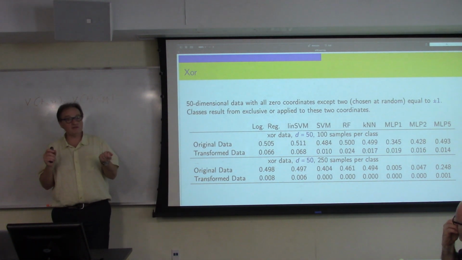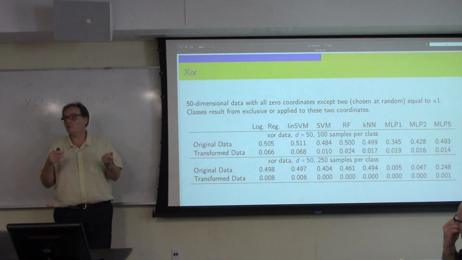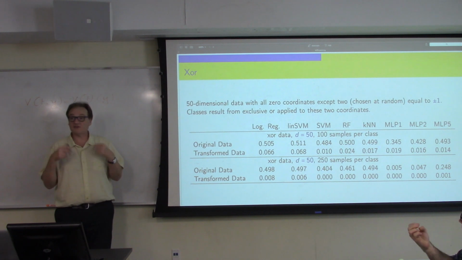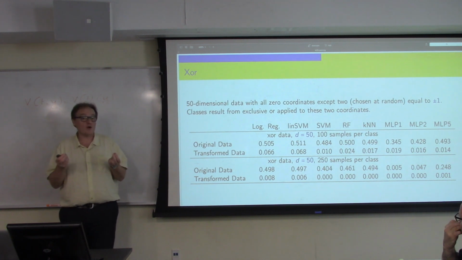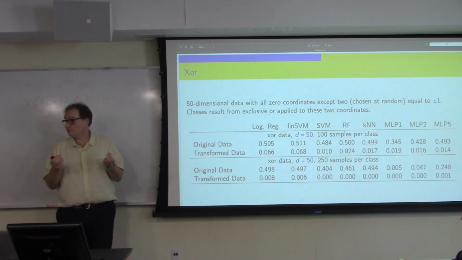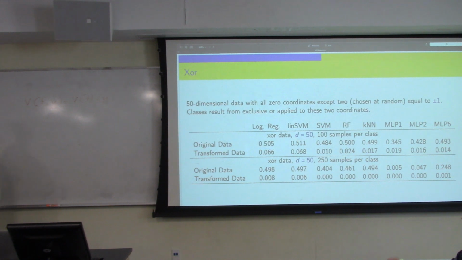And they're both 1 or -1. If they are the same, so either both of them are 1 or both of them -1, it's class 0. If they are different, it's class 1. So it's very simple, and you just compute the sum of your data, and you have the classification. It's either 0 or 2 or -2.